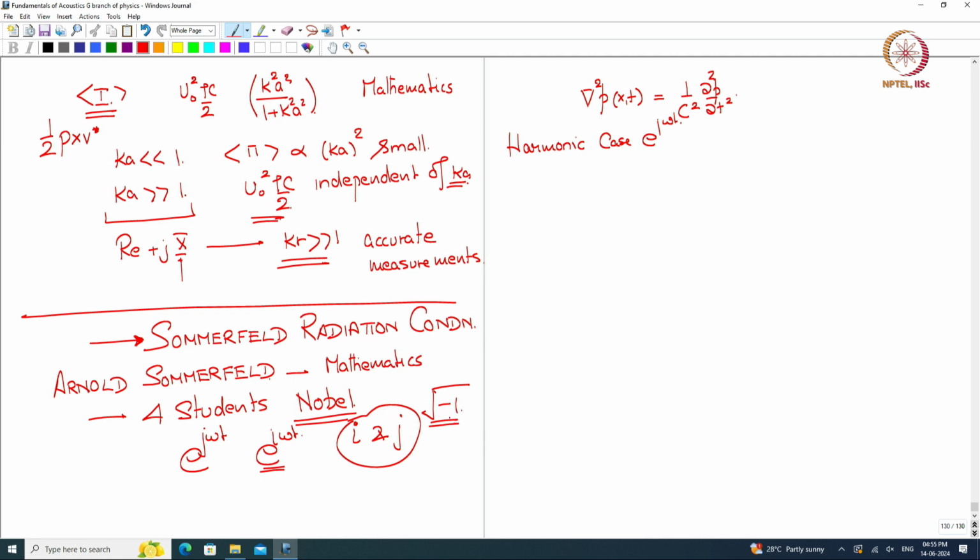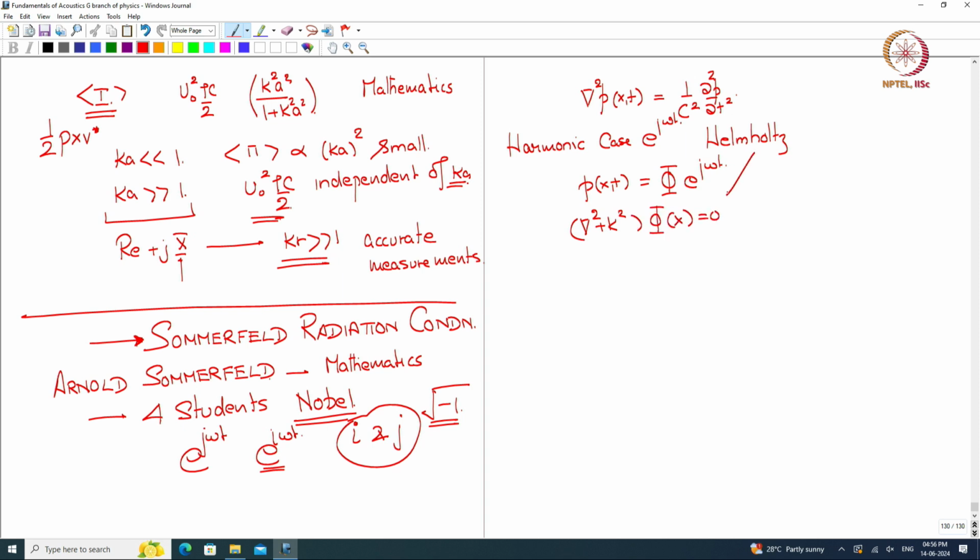So when we do the harmonic case, this becomes the Helmholtz equation. So we write p of x comma t as some function of space times e to the power of j omega t. So that I get del square plus k square phi of x equal to 0.